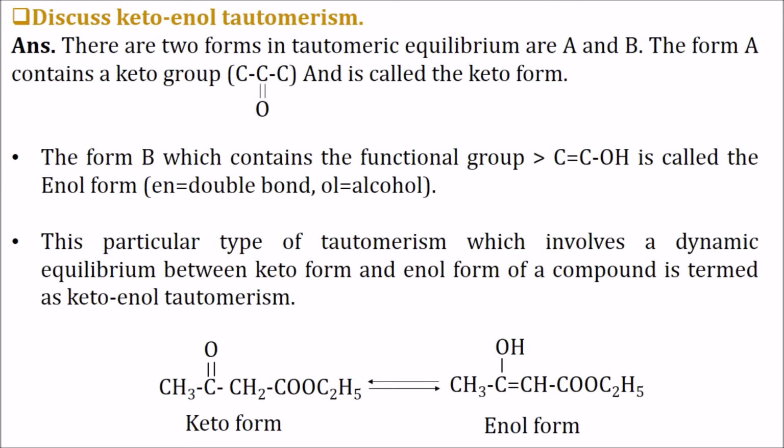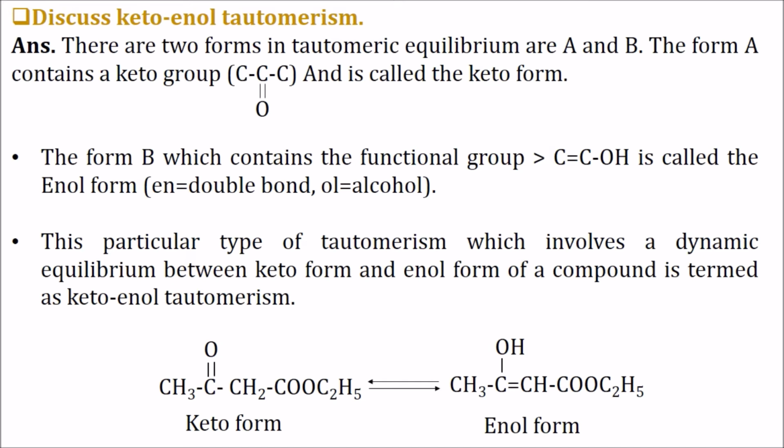Third question is: discuss the keto-enol tautomerism. There are two forms of tautomeric equilibrium shown as A and B. Form A contains a keto group and is called the keto form, and form B, which contains the functional groups shown in the figure, is called the enol form.